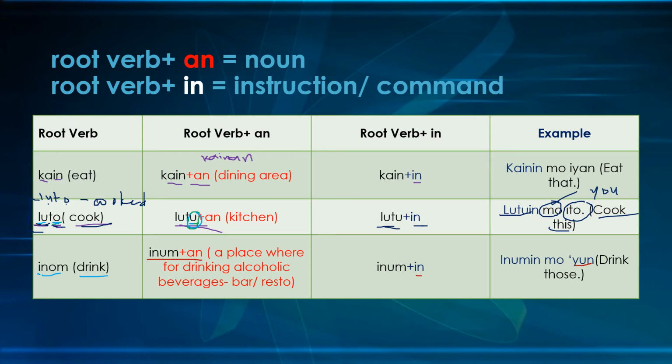So I want you to remember that we should pronounce it in a fast way. Inumin. Because if we read or say it in a slow pacing, we will have inumin.